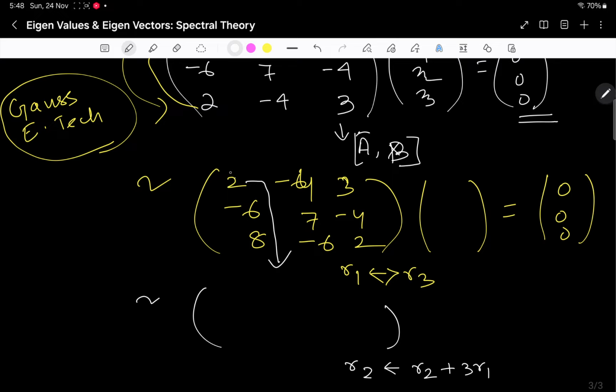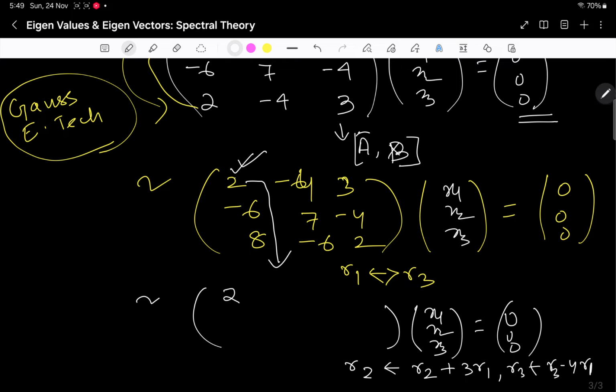At the same time, if I multiply r1 by 4, it becomes 8, so 4 times r1 is subtracted from r3. r3 is replaced by r3 minus 4 times r1. After simplification, my first row remains 2, -4, 3, and the next rows will be 0, -5, 5 and 0, 10, -10.